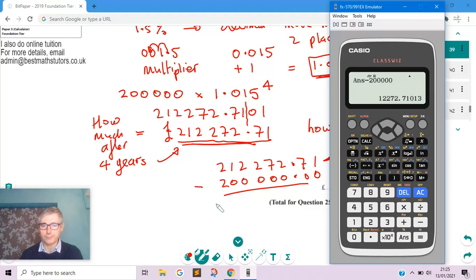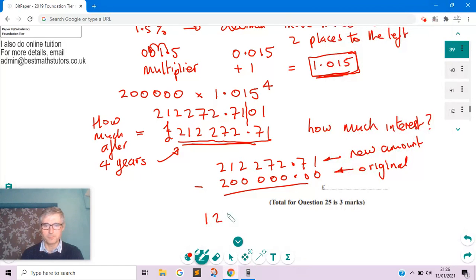As soon as I start writing, unfortunately, the calculator disappears, so I've got to remember this figure: 12,272, and then 0.71. It'd be quite easy to do it from here, actually, because only the first digits would cancel when we're taking it away.